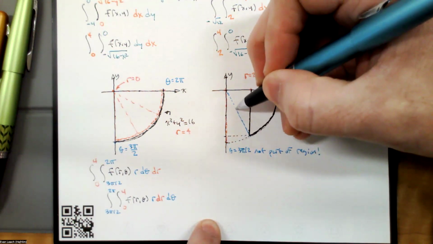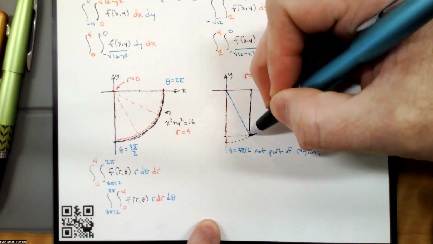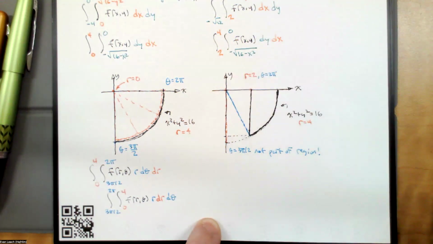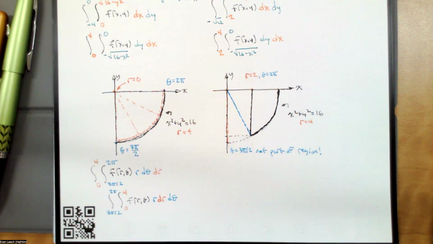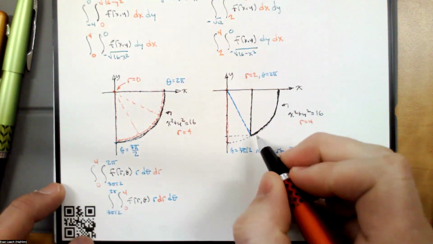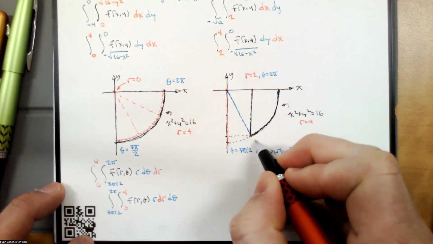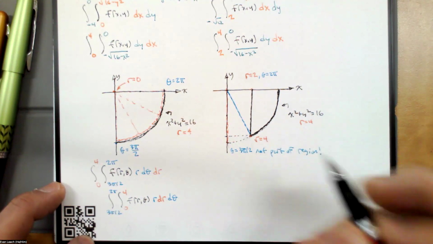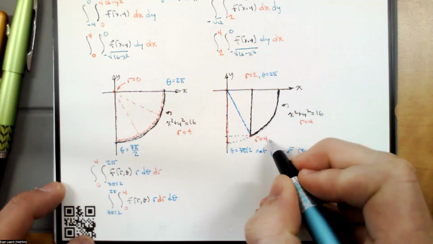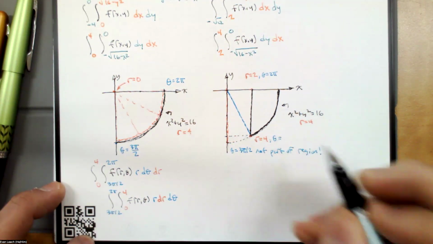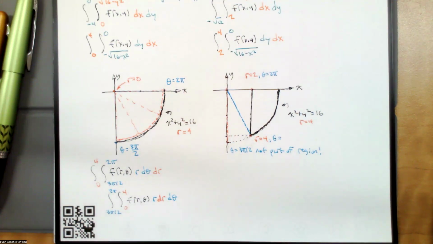This is our initial theta value. Now notice at this point, r is on the circle, so r is equal to 4. But we'll have to figure out what theta is equal to.